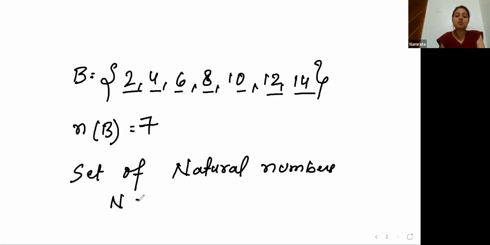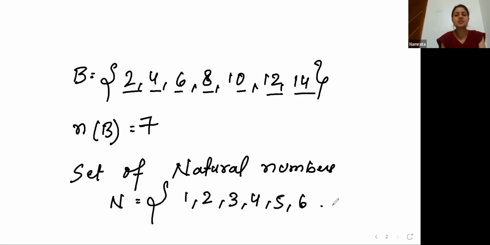If we list them down, 1, 2, 3, 4, 5, 6, it will just keep on going till infinity. So it is not possible to write all the numbers on this board, right? So we can say that this set is an infinite set.